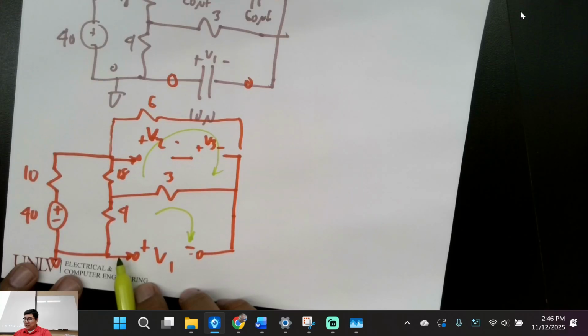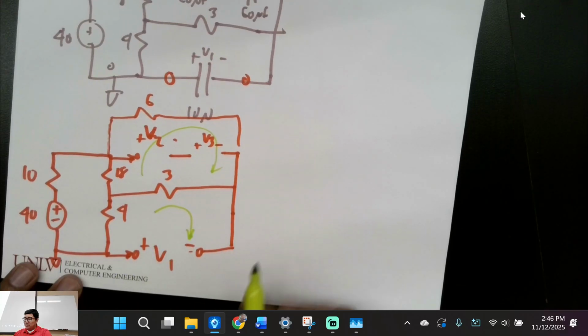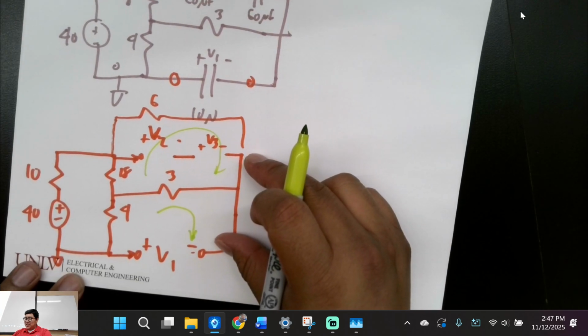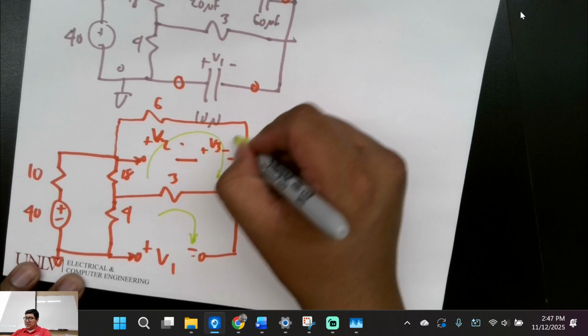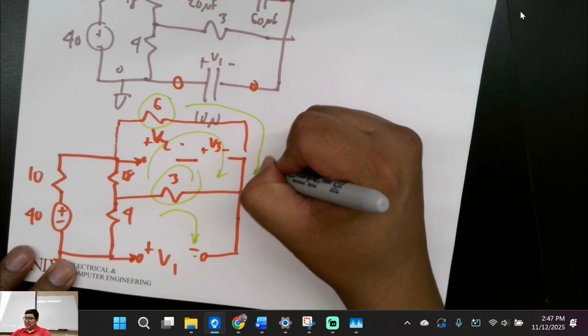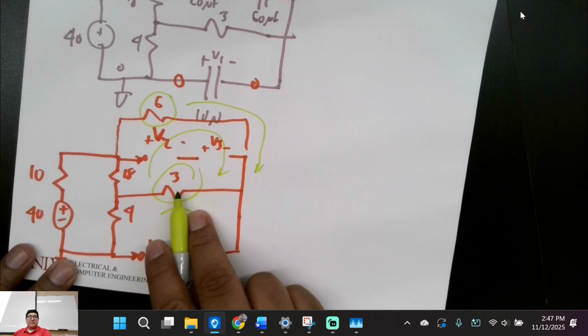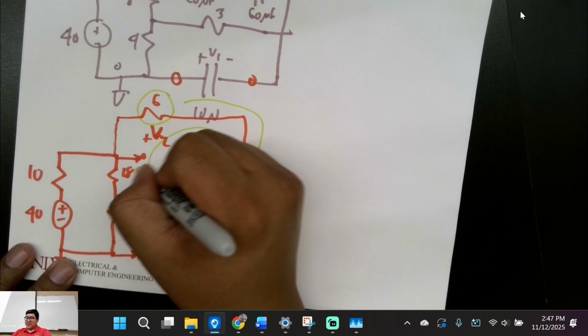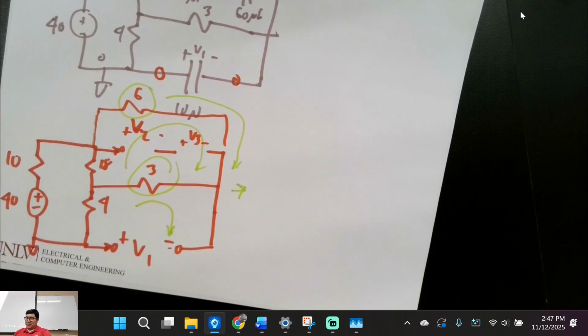Let's see. What's our next thing we've got to do? Well, if you think about it, this right here is in series. You see how this right here and this right here are in series? 6 plus 3 gives you 9. And then this right here is our 18. If I were to redraw like this, I'm going to use a different marker.